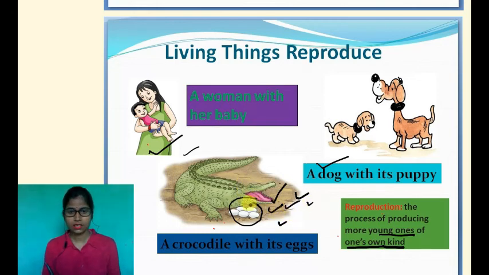You can see here a crocodile lays eggs, and after that the egg will become a crocodile. Human beings give birth to babies, dogs give birth to puppies, and so on.